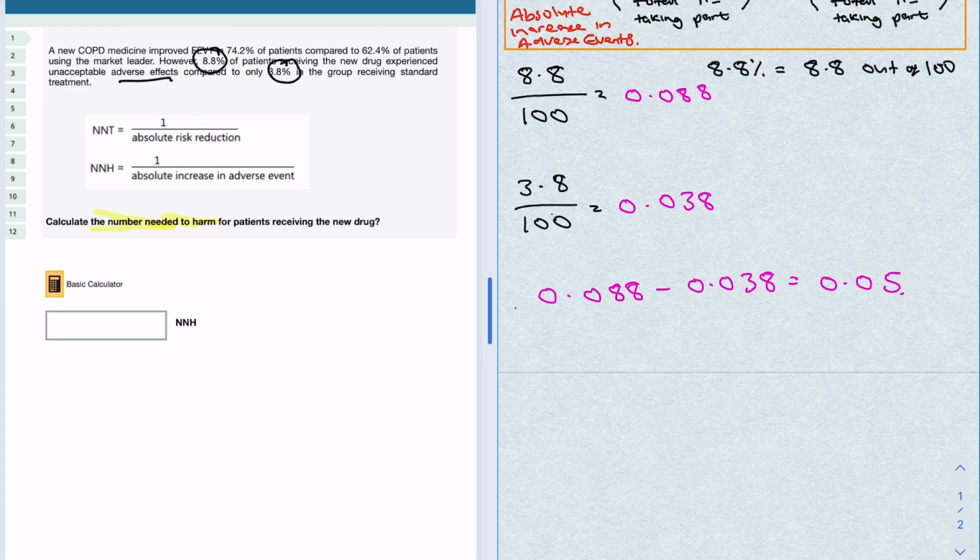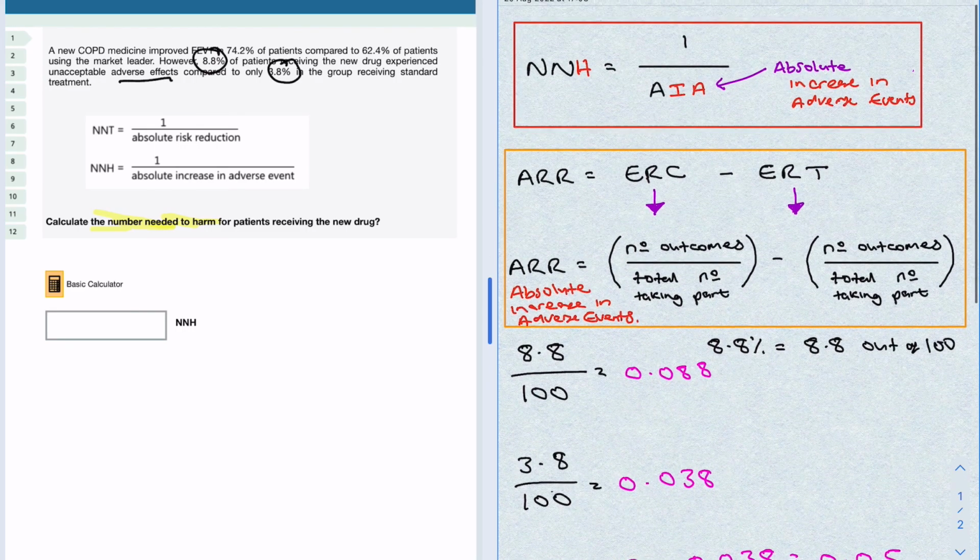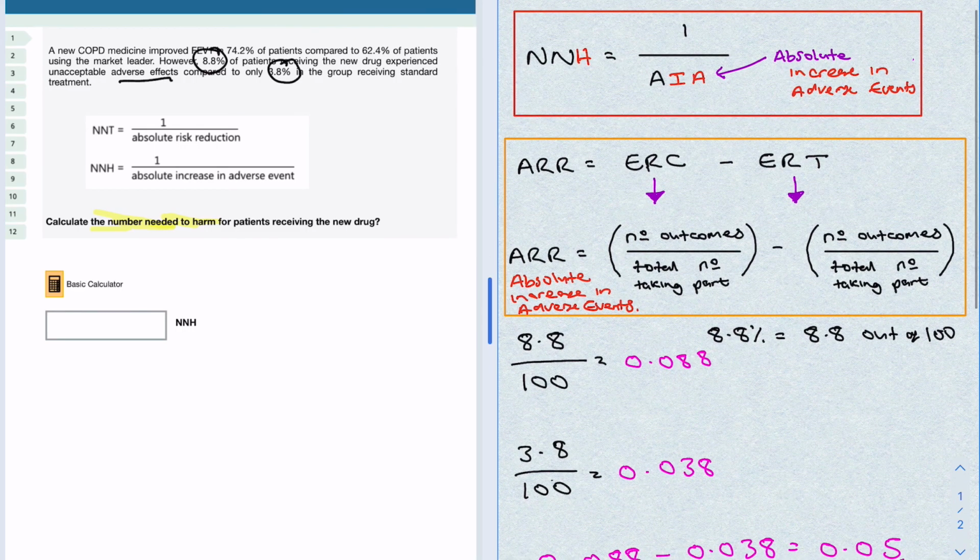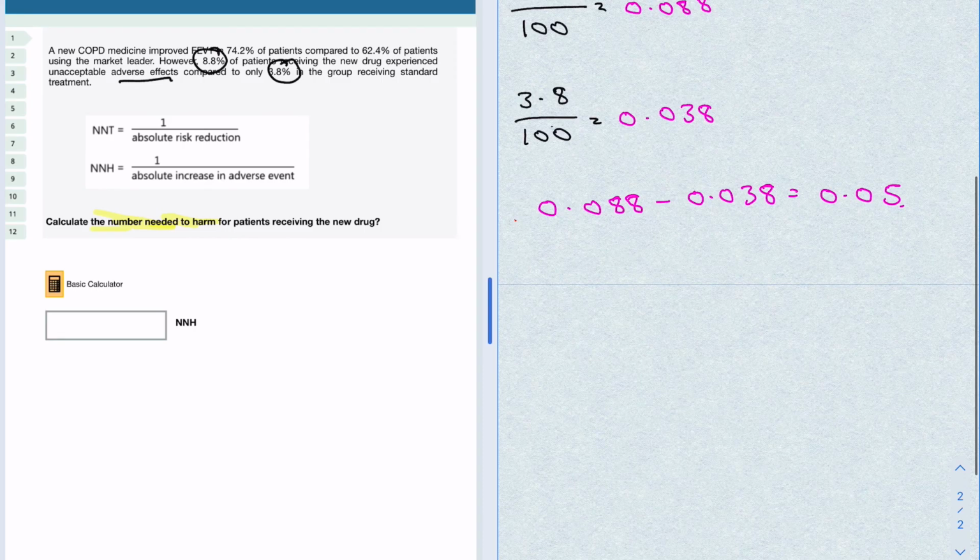0.05. And the second stage of my process is to calculate the number needed to harm, which is 1 divided by this answer. So 1 divided by 0.05 gives me an answer of 20, which is the number needed to harm. Essentially, for number needed to harm we do the same methodology as for number needed to treat.